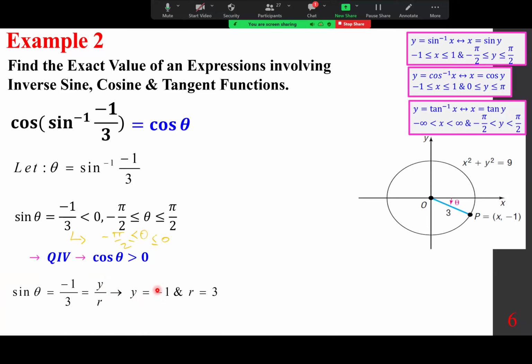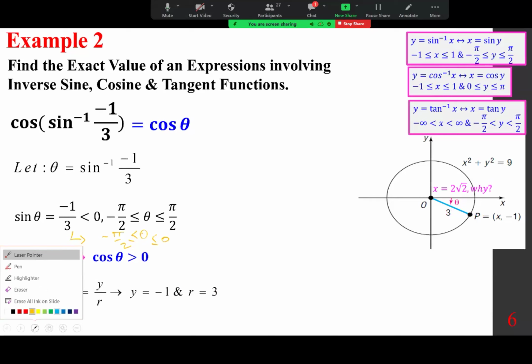Square this one. Square this one. Subtract this from that and look for x. So let me show you how we got that.